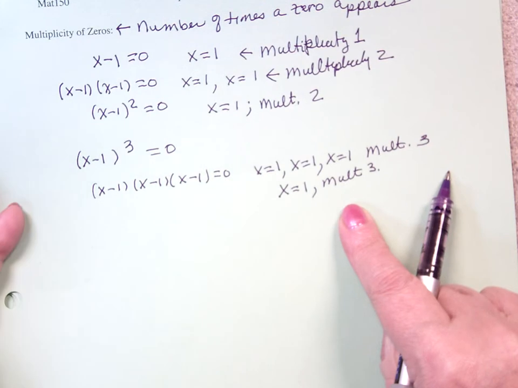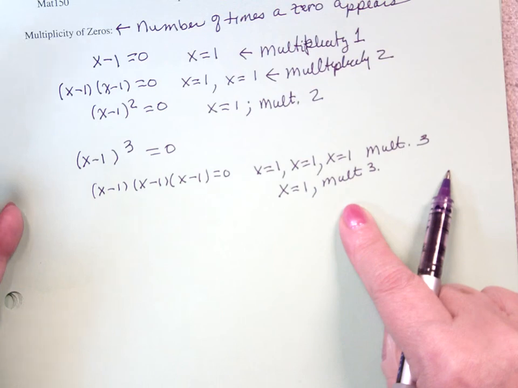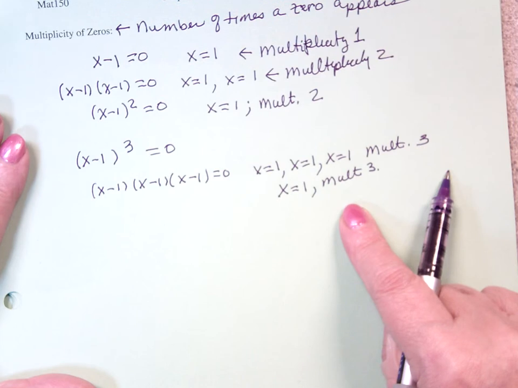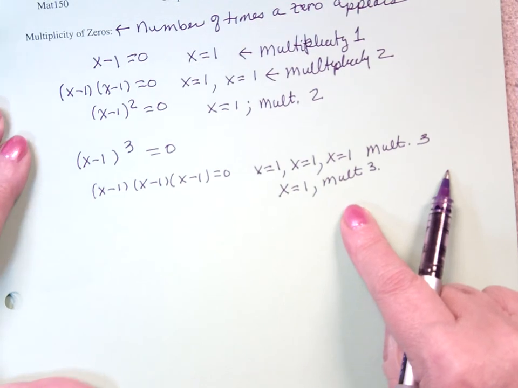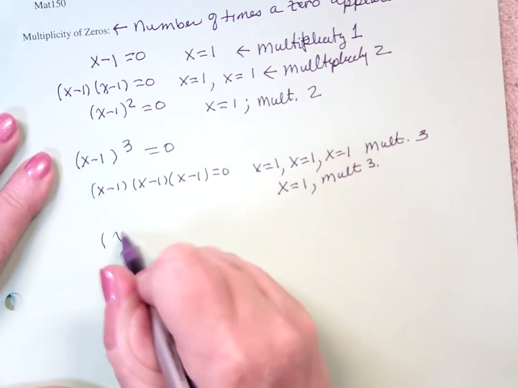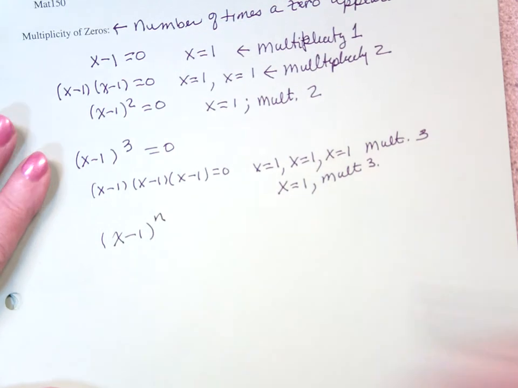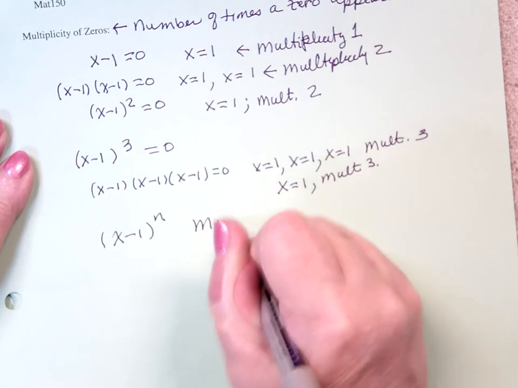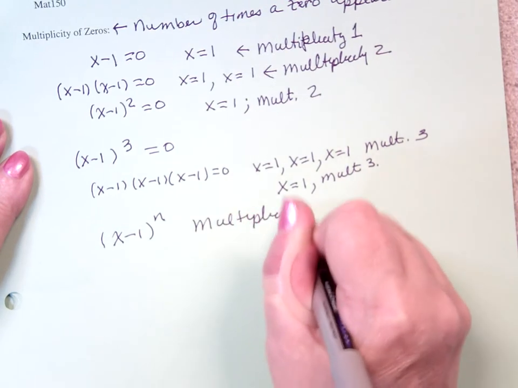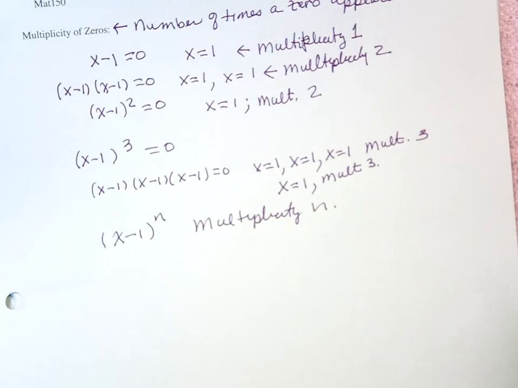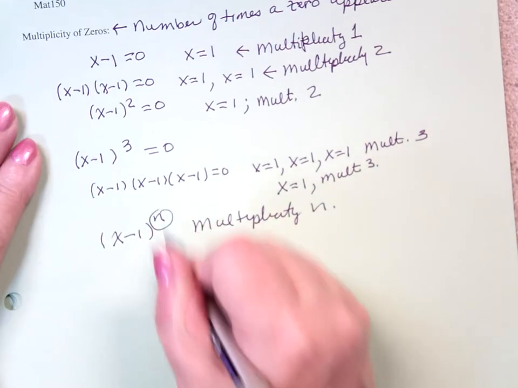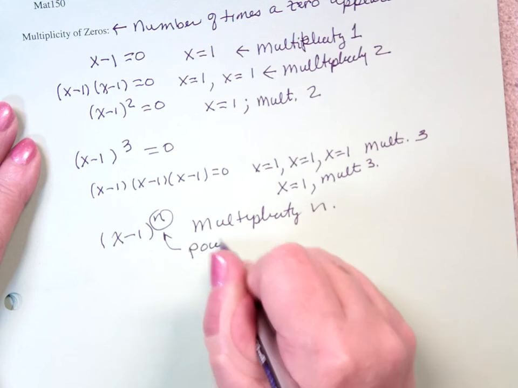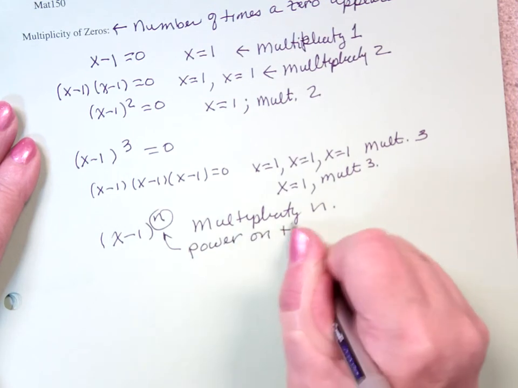So in general, how do I know a multiplicity when I see one? By the power. Exponent. Power where? The leading coefficient. How do I know the multiplicity? Well, if I had x minus 1 to the n power, what's the multiplicity? N. It's the power on the factor.